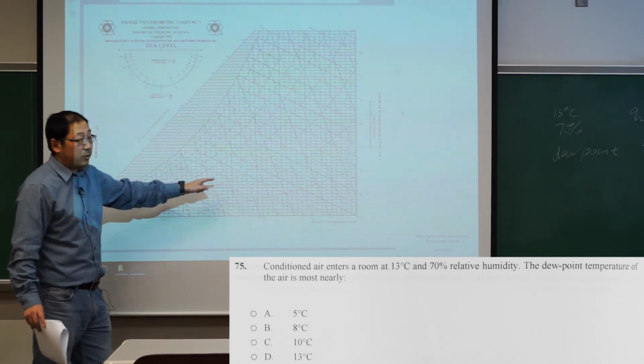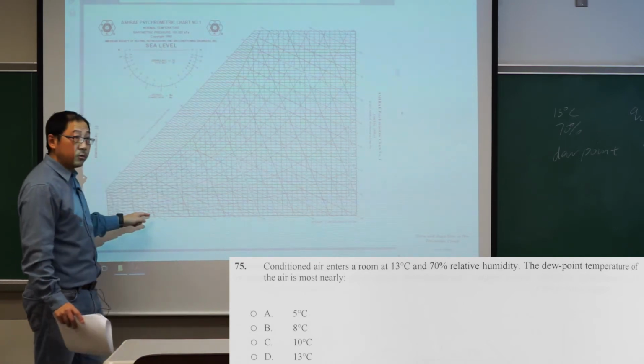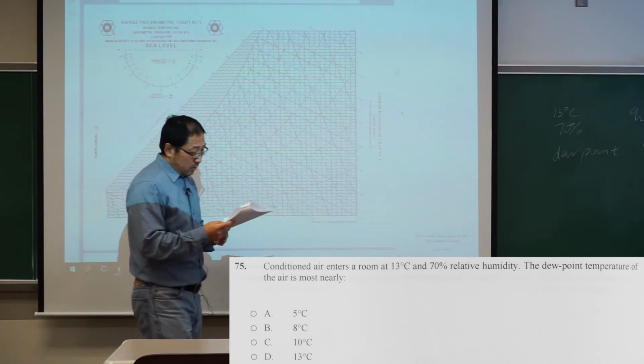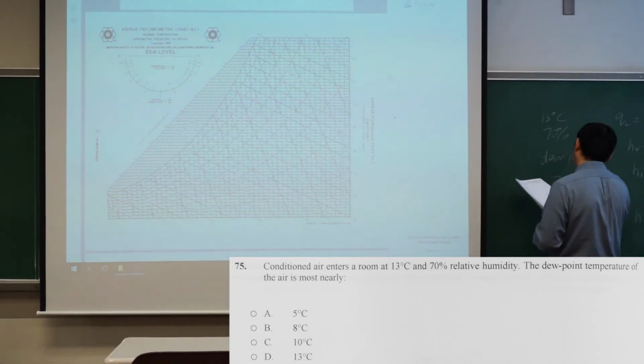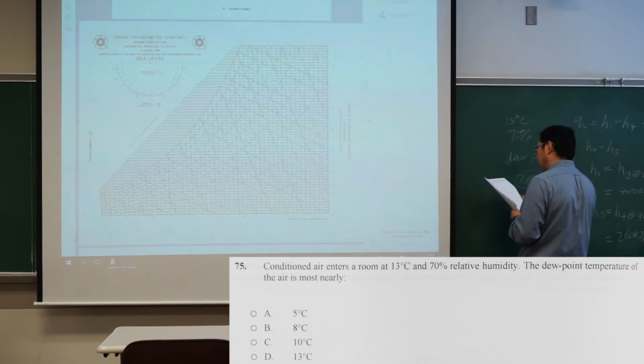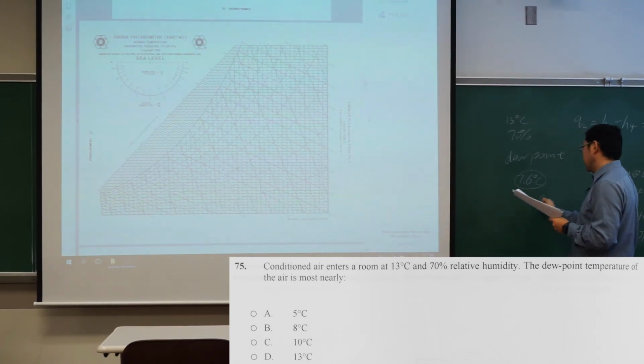This time asking for the dew point, just horizontal, go down. So this one reads at 7.6, so it's roughly 8 degrees Celsius, that's why it's B.